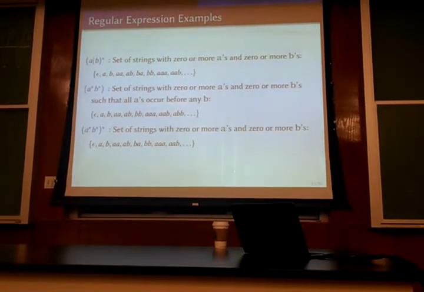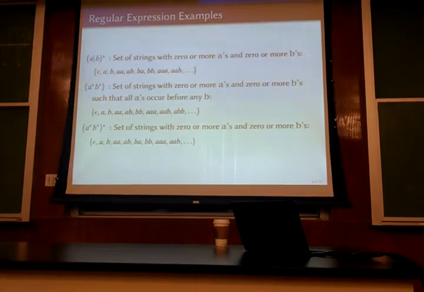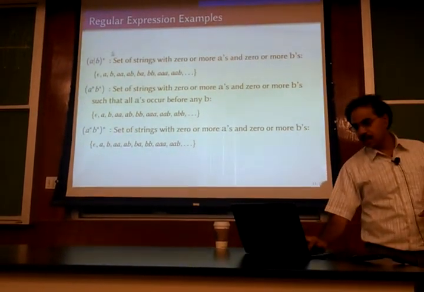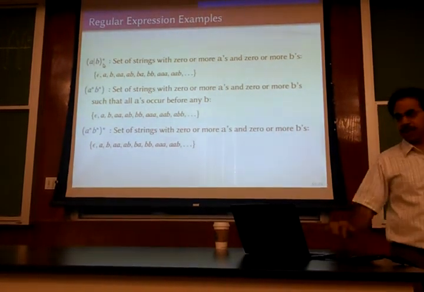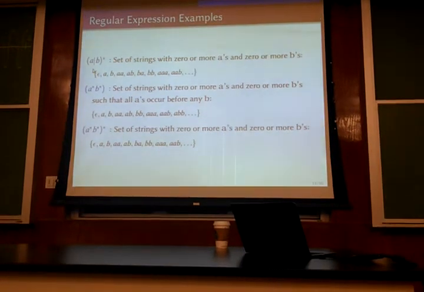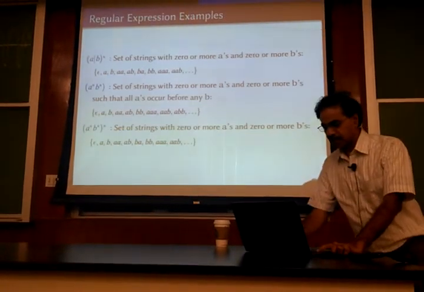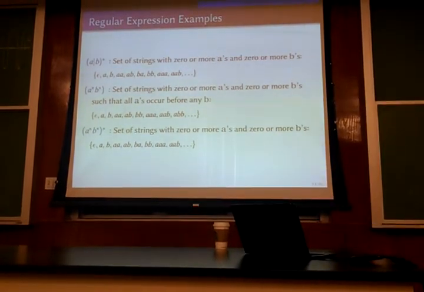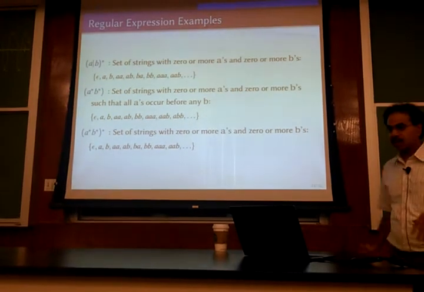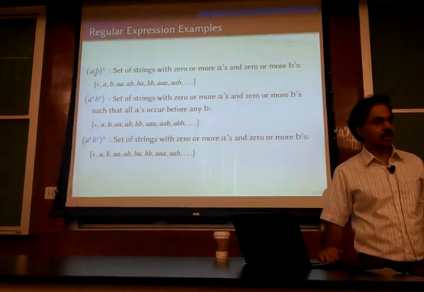Okay, and that is A or B, and therefore the strings that match will be both A and B. Okay, and then you repeat what is inside the star 2 times. That will give you AA or AB or BA or BB. Right? So there are 4 strings of that length, and then you can repeat it 3 times and so on. Okay? So there are obviously an infinite number of strings that will match this regular expression.